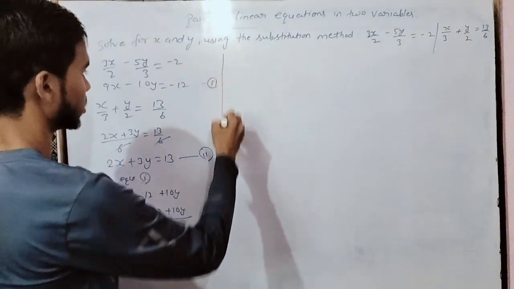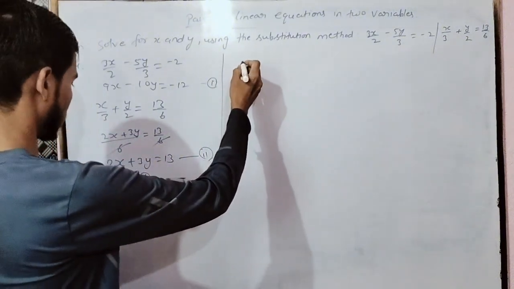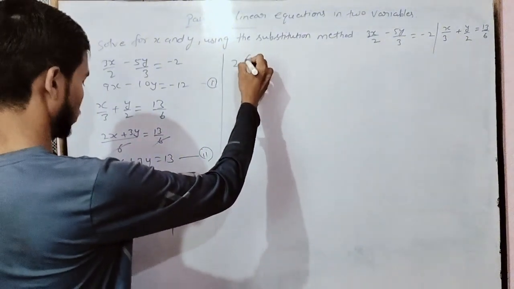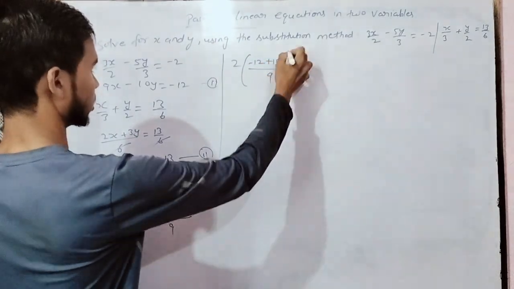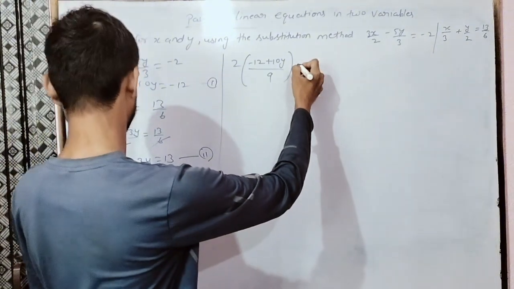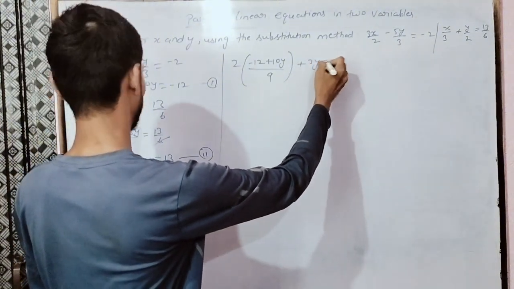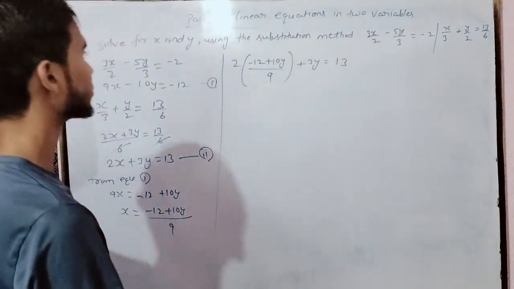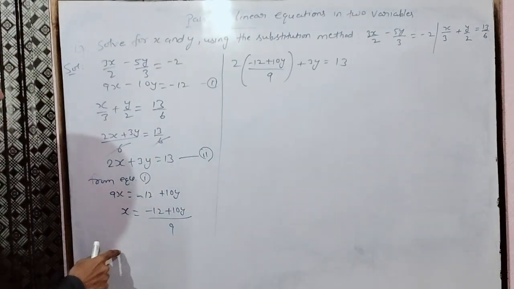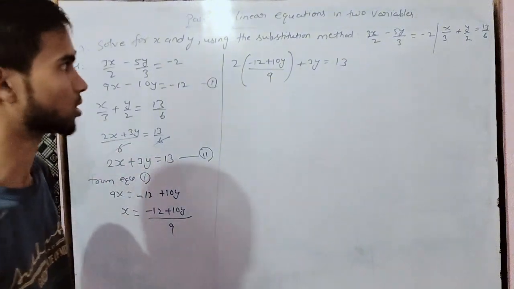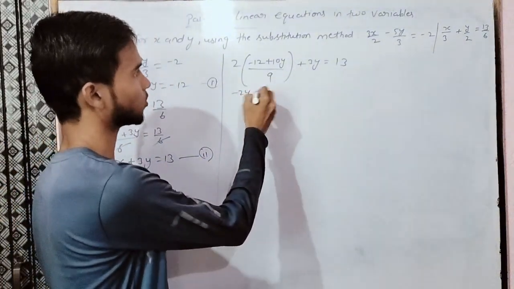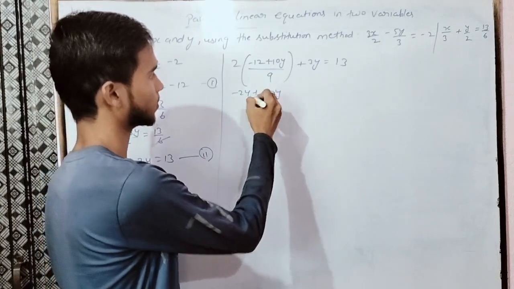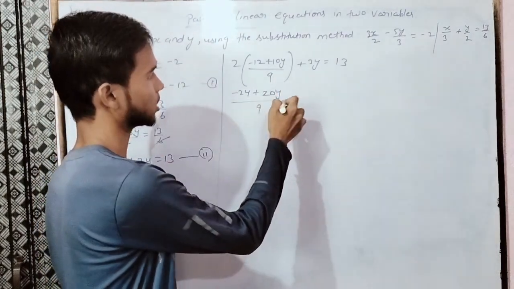So let's put 2 times minus 12 plus 10y upon 9 plus 3y is equal to 13. We have substituted the value of x in the second equation. Now we are simplifying it. Minus 24 plus 20y upon 9.